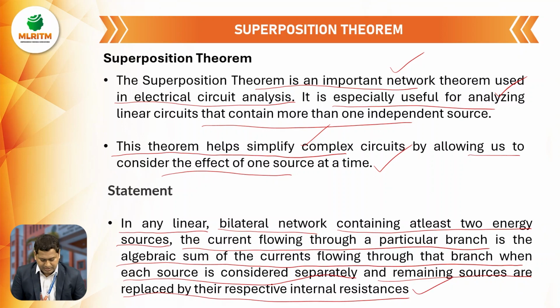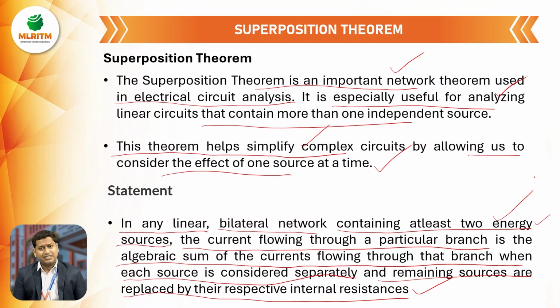Let us go line by line. In a linear bilateral network, a complex network, containing at least two energy sources, as already discussed, there must be more than one independent source.